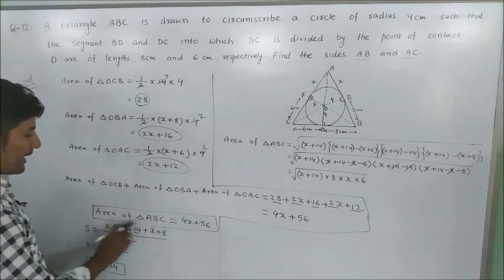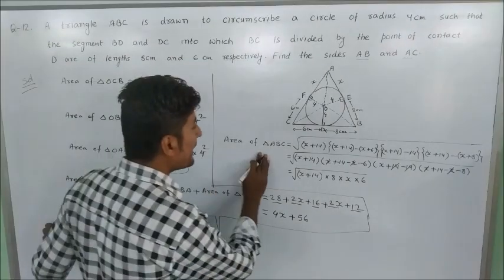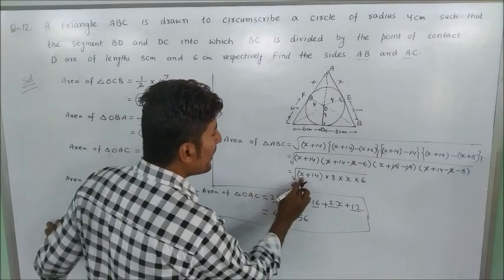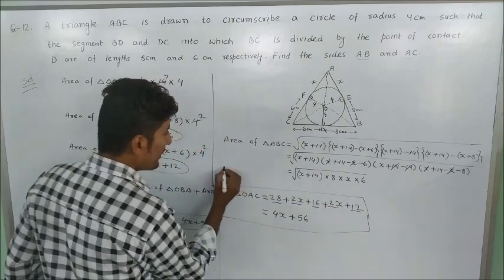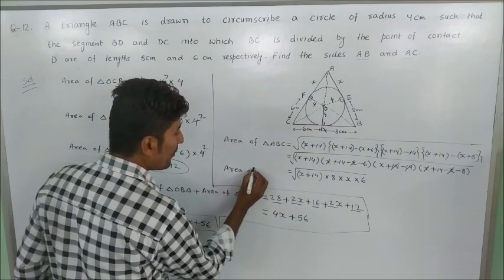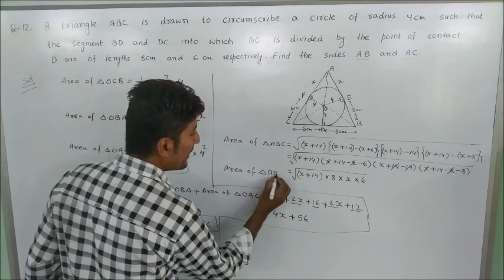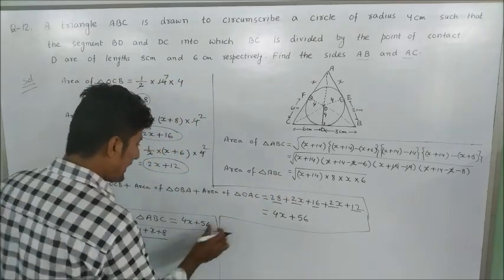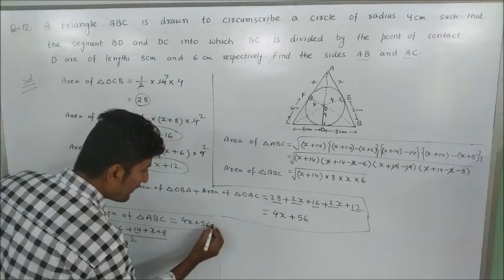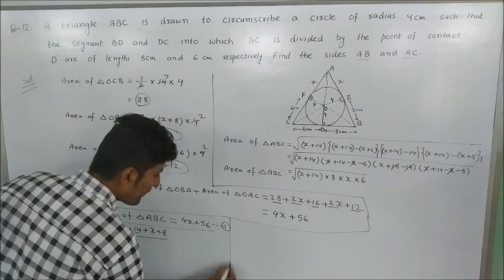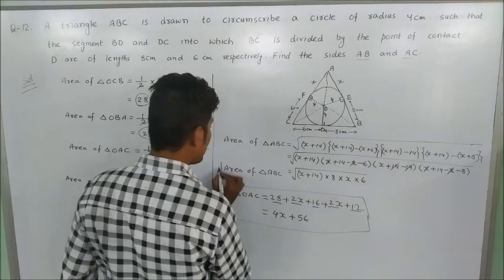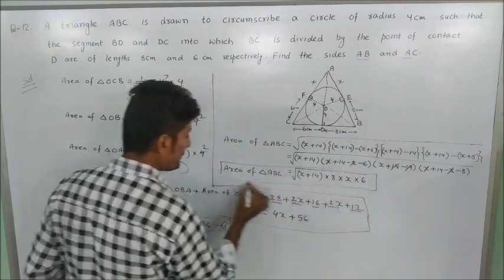Area of triangle ABC equals 4x plus 56, and again area of triangle ABC is the square root of (x plus 14) multiplied by x, 8, 6. So this can be taken as equation number 1, and this can be taken as equation number 2.